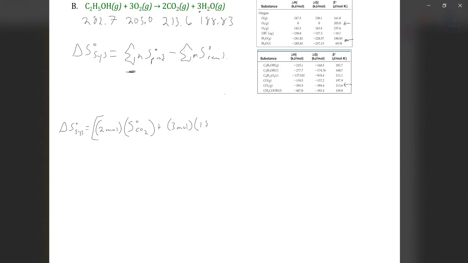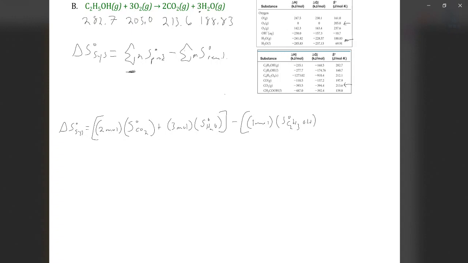times S naught of water, and of course we know which water we're talking about. Minus. Now we're going to look at our reactants. The first one, we just have 1 mole times S naught for ethanol.